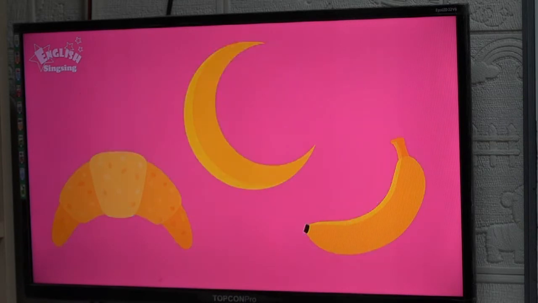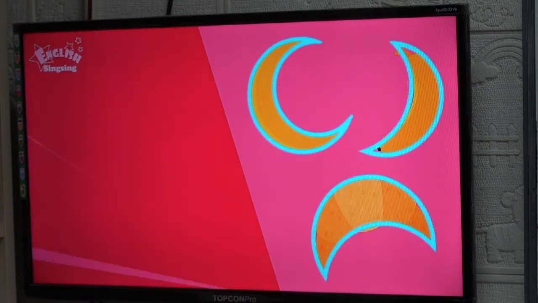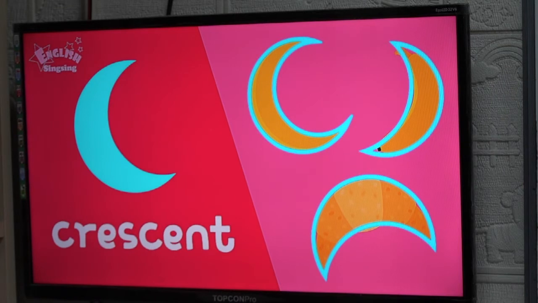These shapes are crescents. Crescent, crescent.